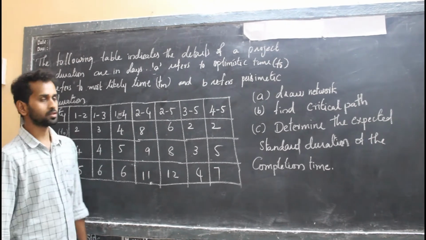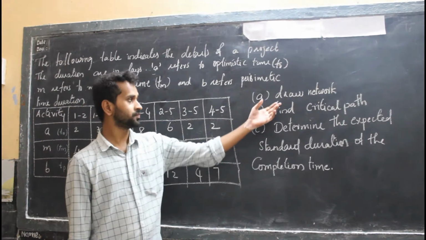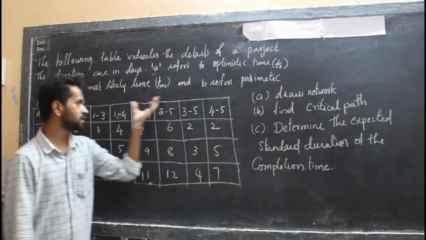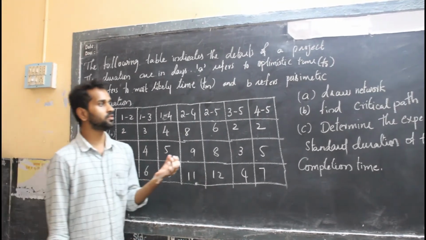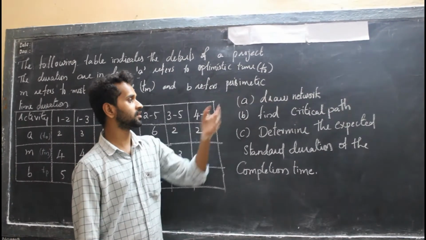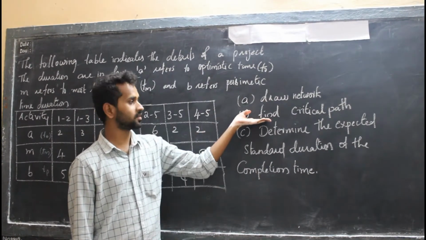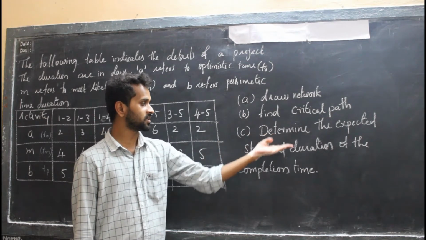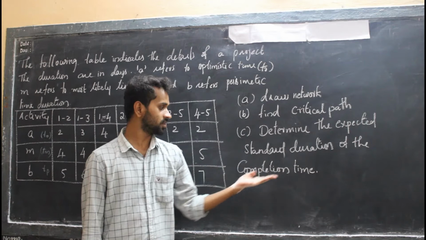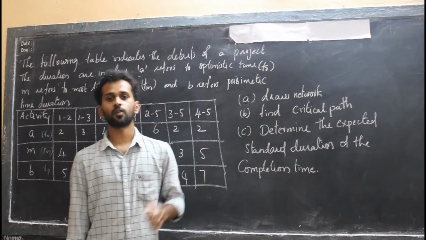So we are asked to draw a network. Using these activities and this TO, TM, TP, first we need to draw a network and find the critical path. After drawing the network, of course we know how to find the critical path and determine the expected standard duration of the completion time. Now what are we going to find?